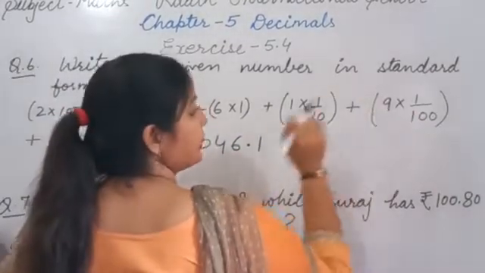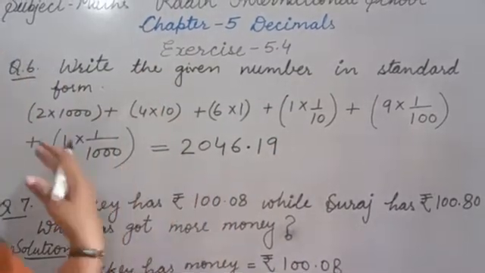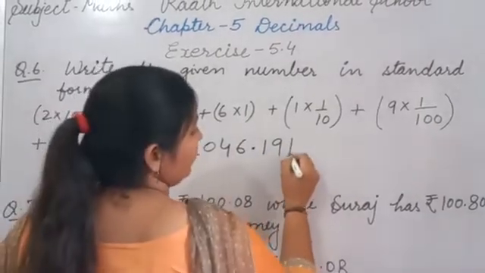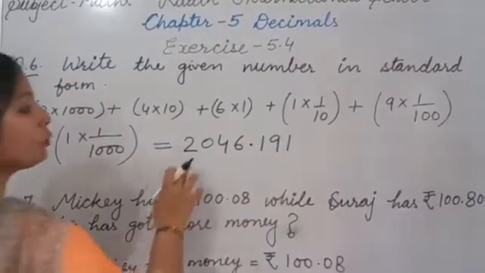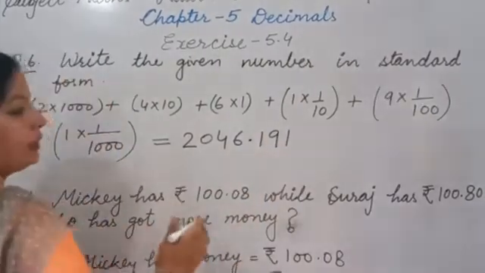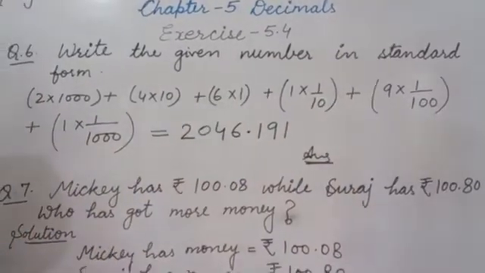Then 9 hundredth, so 9 on the hundredth place, and after hundredth we have the thousandth place. So 1 on the thousandth place. So it becomes 2046.191. That's your answer. So like this you will do question number 6.